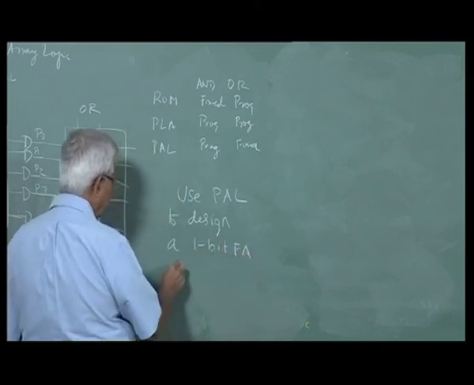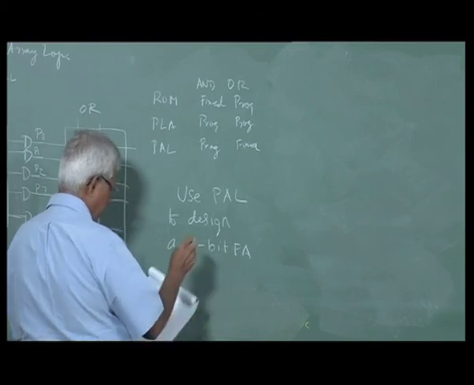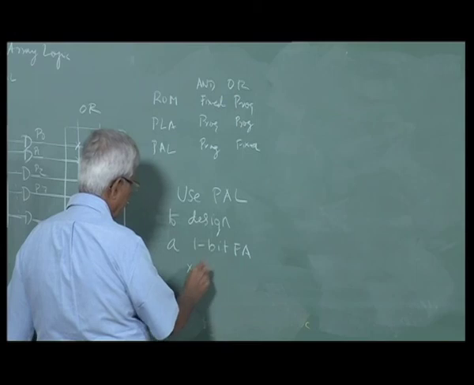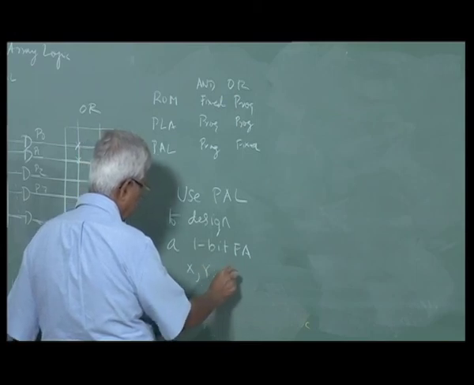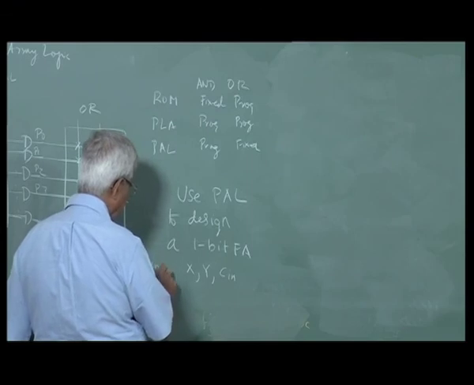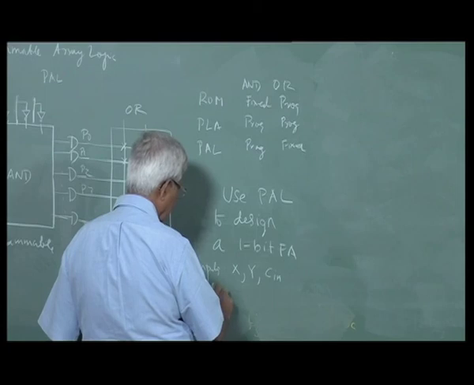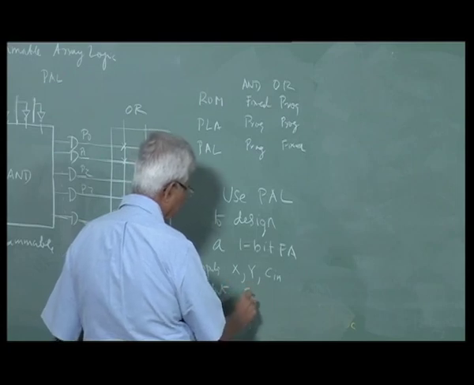So we have inputs A, B and X, Y or whatever, X, Y, C in, these are inputs, and outputs sum and carry out.